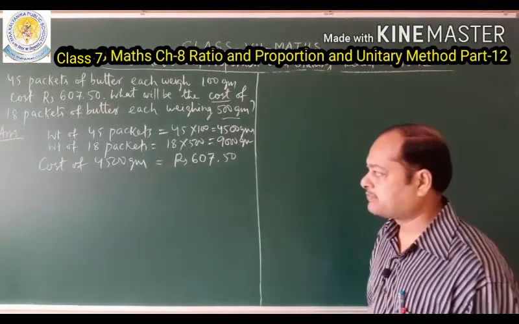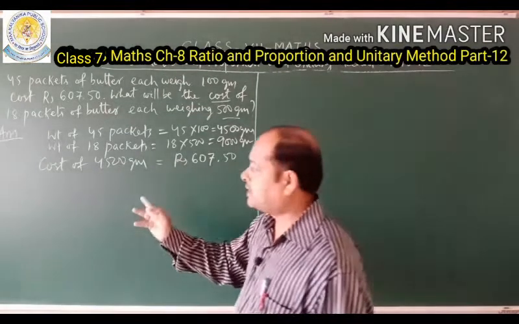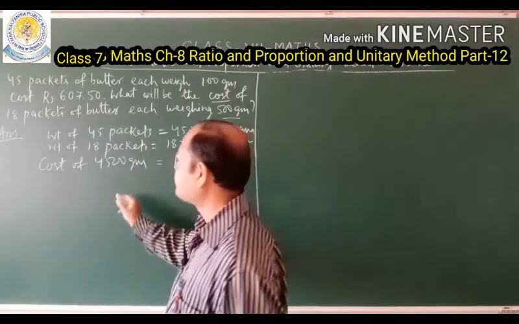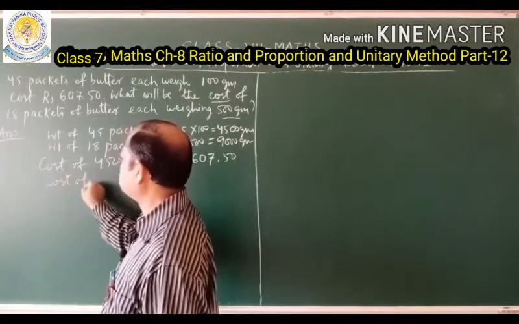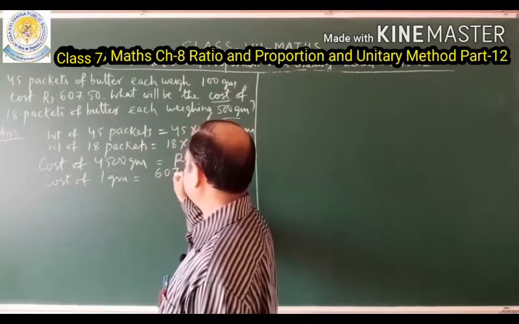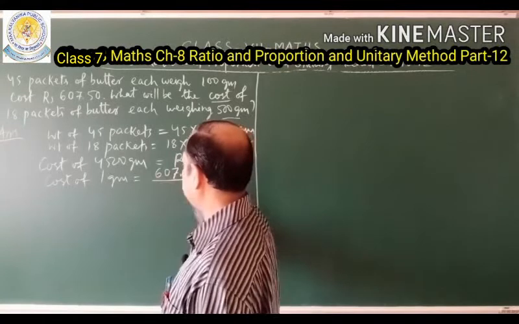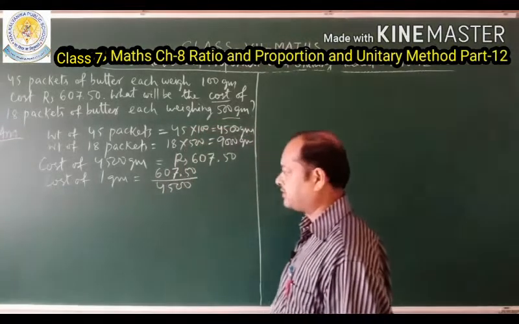Okay, the cost of 4,500 gram already given in the question, that is 607 rupees 50 paise. So according to the unitary method we have to find out the one quantity. Here one quantity means 1 gram. So cost of 1 gram equal to 607.50 divided by 4,500.